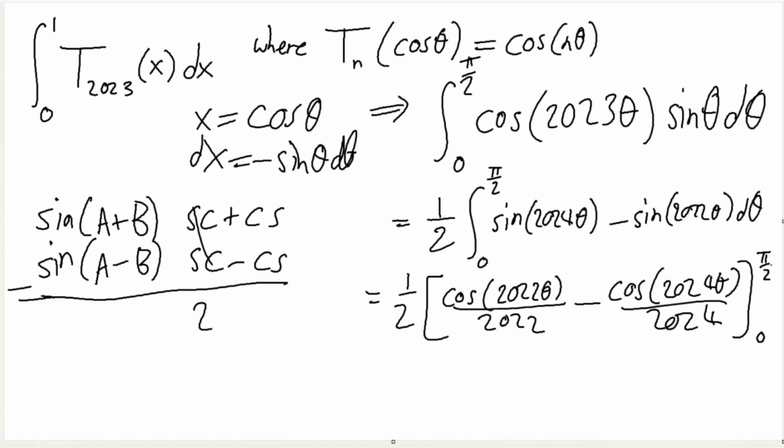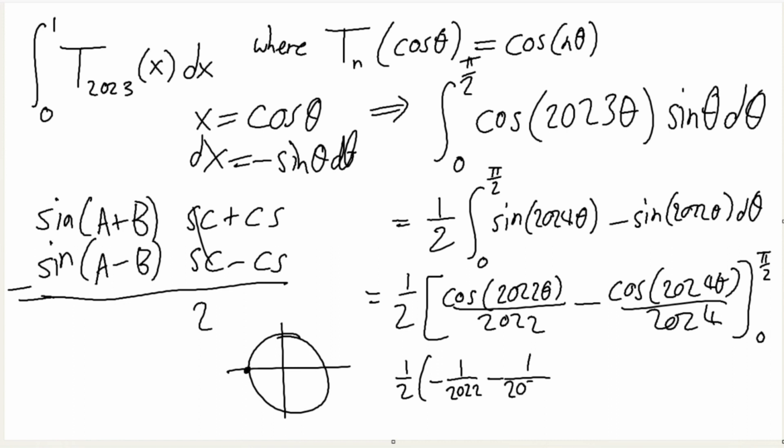Oh god. So these are even, so I'm going to get pi over an integer, and this would be 1011. 1011 is an odd number, so that's an odd pi. So that's going to be -1 minus 1 over 2024, and then minus, and then if we plug in 0, it's always going to be 1 here.